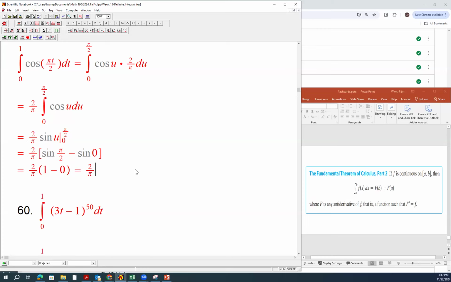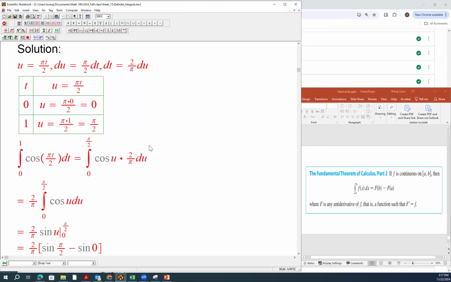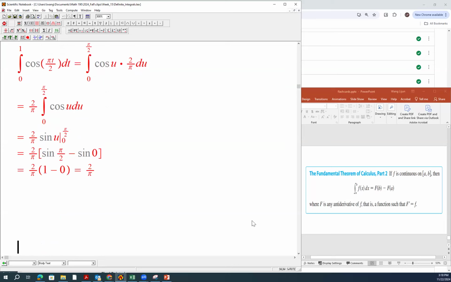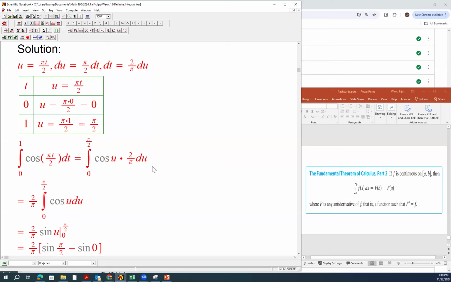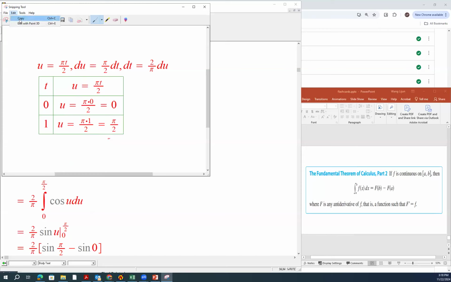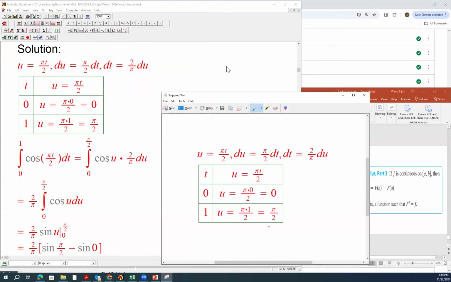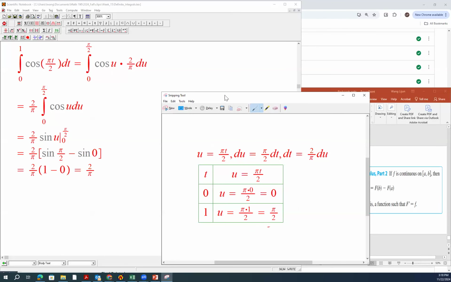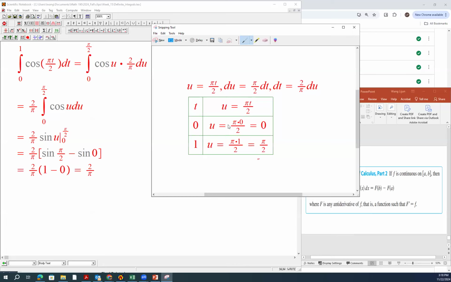When you show your work on your paper, I would like to show you a way to lay it out, because we have the substitution part, right? On the substitution part, what you can do is take this piece and lay it side by side.